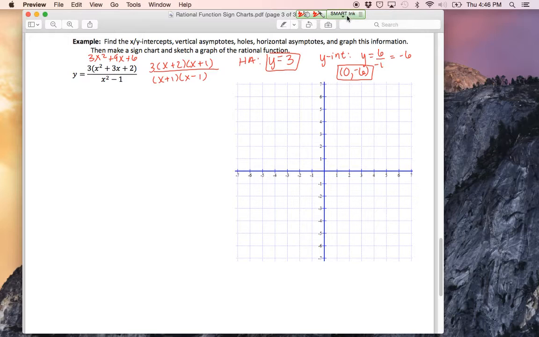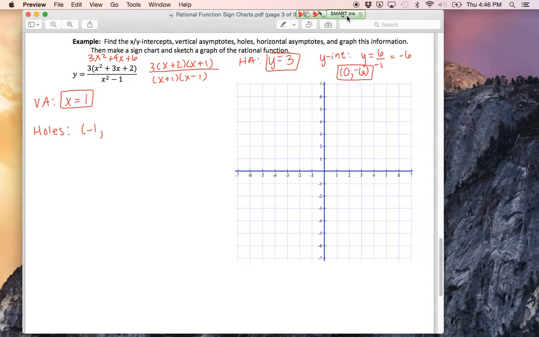And now you need to use the factored version for everything else. Vertical asymptotes occur where just the denominator equals 0, so we have x = 1 as the equation of that vertical line. Then the holes occur where the numerator and denominator both equal 0, so that'd be x = -1.